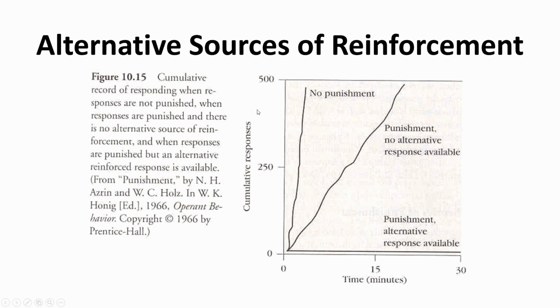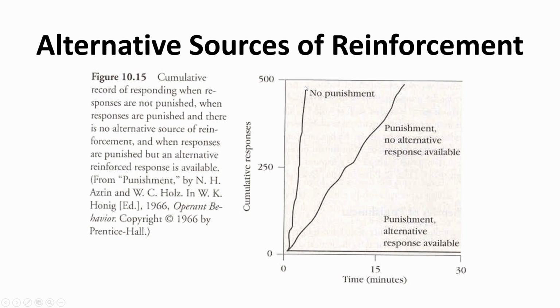So our usual setup here: cumulative responses, so how much they're doing that behavior, and then time. We can use an example of, say, a rat in a box with two levers. If there is no punishment, they're going to push the levers pretty much independently. So lots of responding, no detriment to responding.